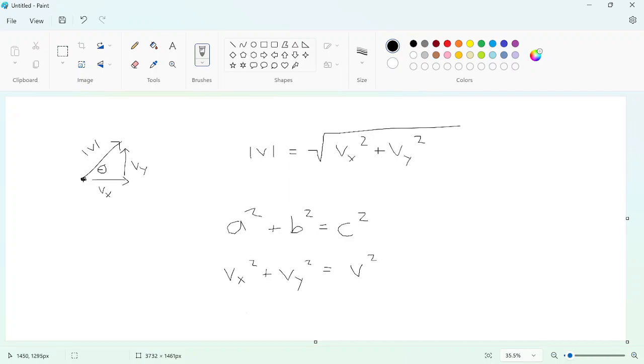And if we square root both sides, we'll get the square root of Vx squared plus Vy squared is equal to V, at least the magnitude of V. I say magnitude because there is no information gained about the direction with this formula. You only have magnitude, which then results in another magnitude.